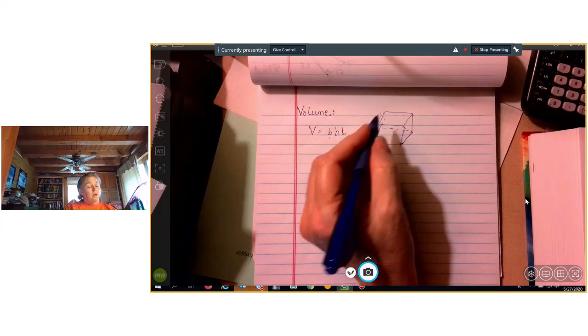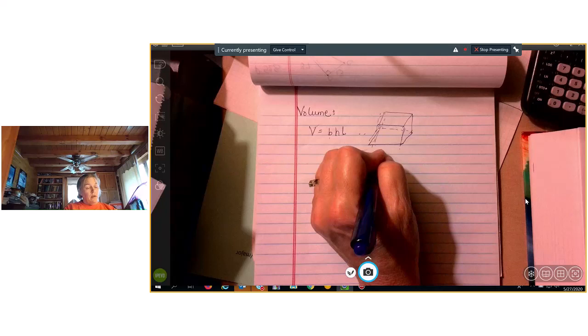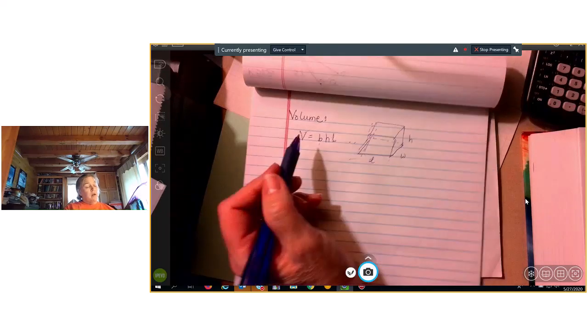Of course, I can't draw worth a toot. So we have a length and a width, and then this is considered a height.